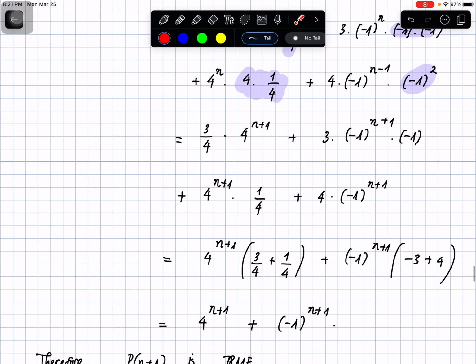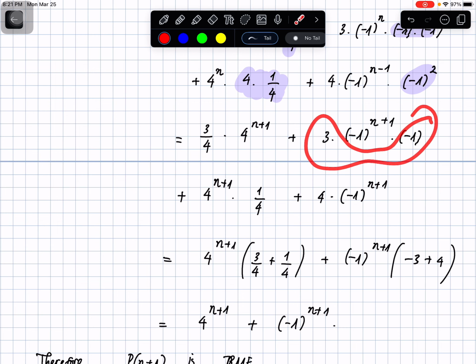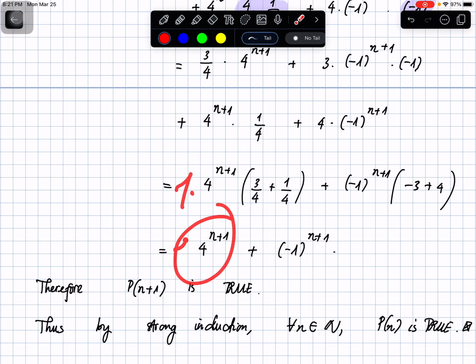So we're good. So now we have 3 over 4, 1 over 4 of 4 to the n plus 1. So it is 3 over 4 plus 1 over 4 of 4 to the n plus 1. Here we have this common term, minus 1 to the n plus 1. And we have minus 3 plus 4, which gives us 1 times 4 to the n plus 1, which is 4 to the n plus 1.